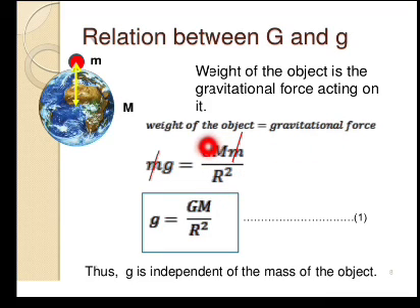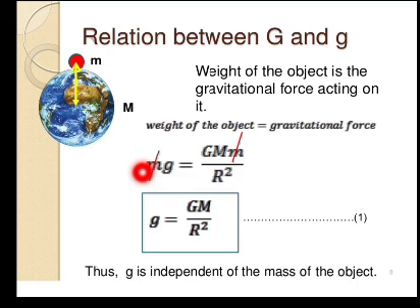And the weight of an object, in 9th standard you defined the weight of an object, and the formula of weight is equal to mg. Weight means the gravitational force acting on the body.